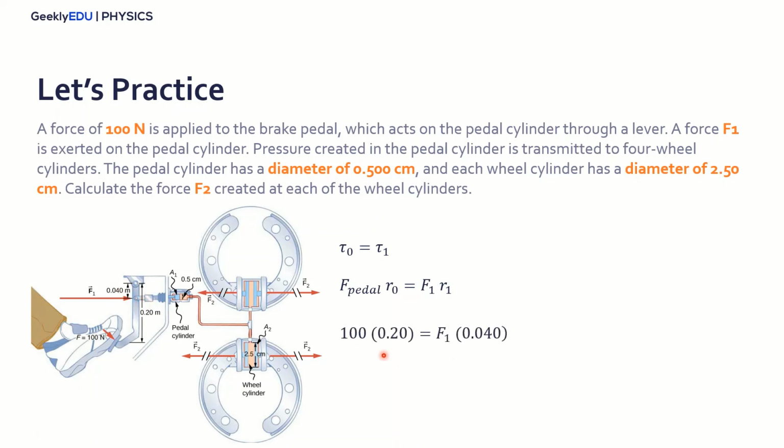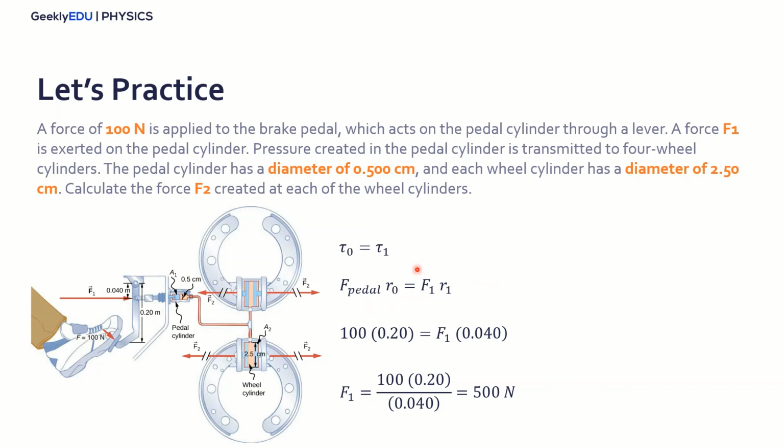So we have that 100 times 0.2 meters is F1 times 0.04 meters. Well, from here we can isolate F1 and find that this force that's exerted on the pedal cylinder is 500 newtons. Alright? So see that we multiplied our force by 5 just by adding this small lever here, right?